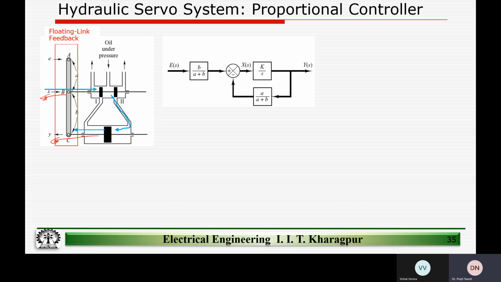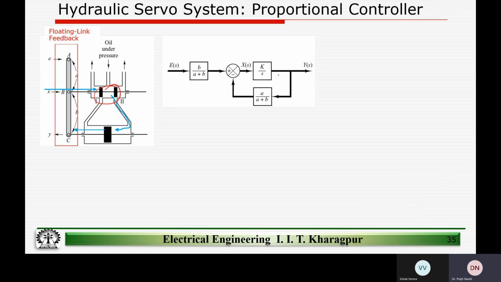Our initial movement, because of the error signal given here, was moving in. Now, because of the feedback, the net movement seen at the point B is reduced, and that is nothing but a negative feedback.